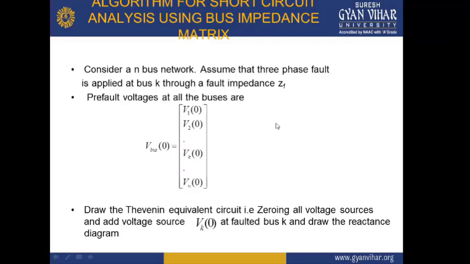This is the beauty of this Thevenin's equivalent circuit, that it eases the calculation by making all the other voltages equal to 0, because it will make the system quite easier to solve. Vk0 is at the bus K where the fault has occurred, and now let's draw the reactance diagram for it.